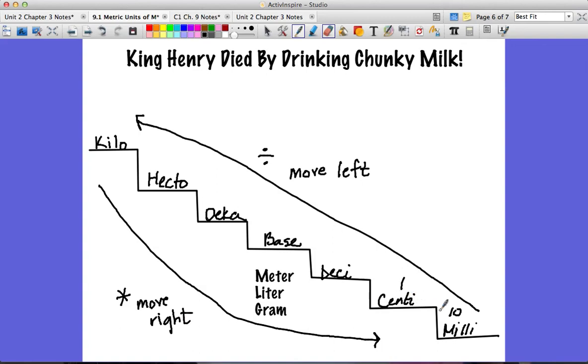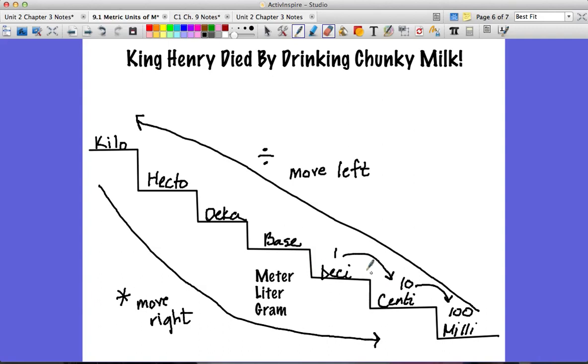So how this works, since everything is base 10, if I have 1 decimeter, that means that I have 10 centimeters, and then that also means that I have 100 millimeters, because in 1 decimeter there's 10 centimeters, but in 1 centimeter there's 10 millimeters. So since I have 10 centimeters, that means I have 100 millimeters.